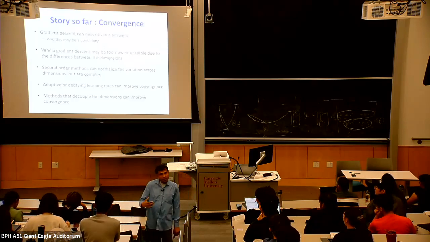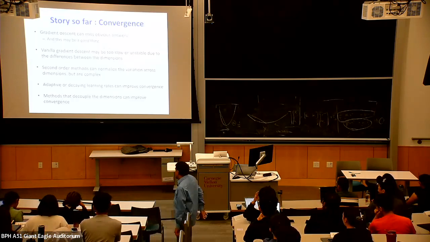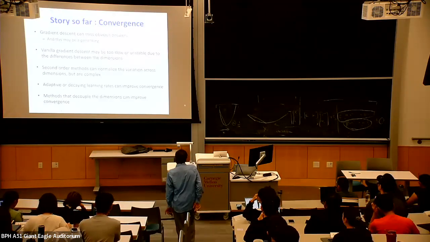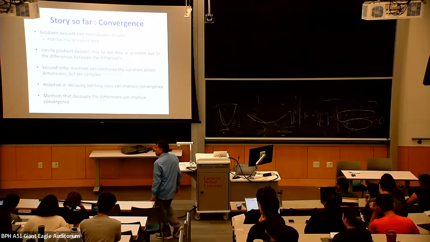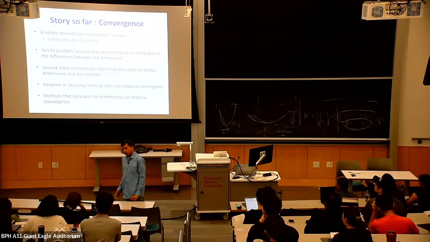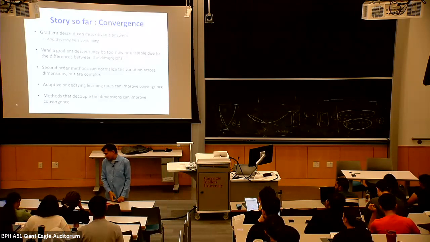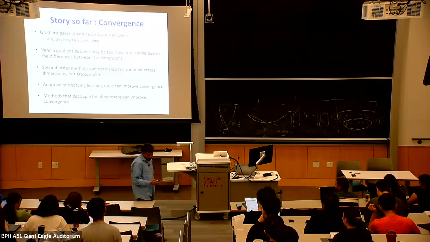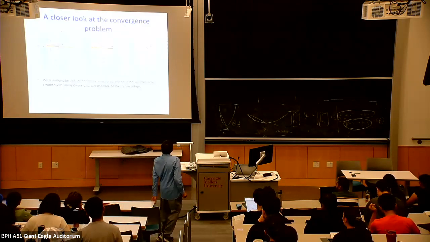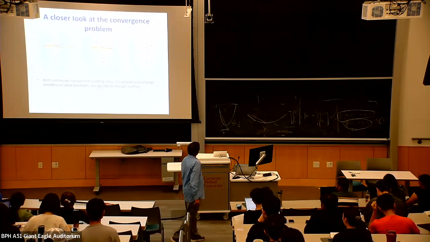And then you eliminate this problem of different curvatures along different directions, right? And then adaptive or decaying learning rates we saw can help us escape poor local minima and converge. And methods that decouple the dimensions can improve convergence. You guys with me? Okay. So let's take a closer look.